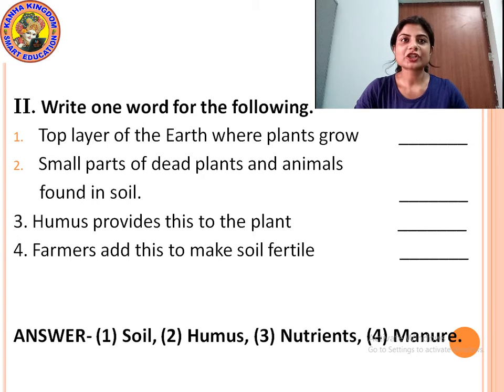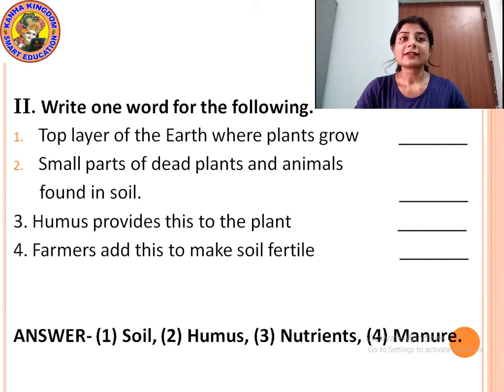Then now comes question number 2. Write one word for the following. Number 1, top layer of the earth where plants grow. What is the top layer of the earth where plants grow? It is soil. S-O-I-L, soil. Okay?